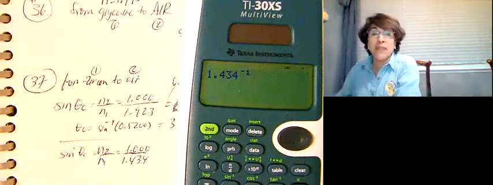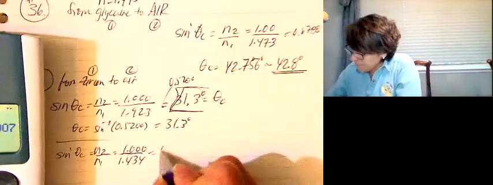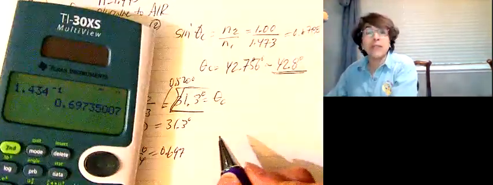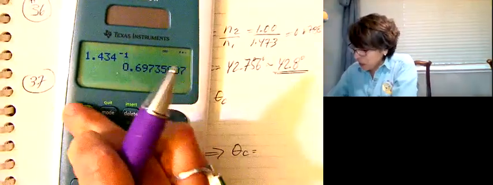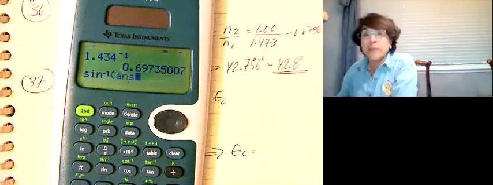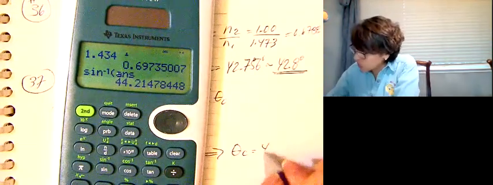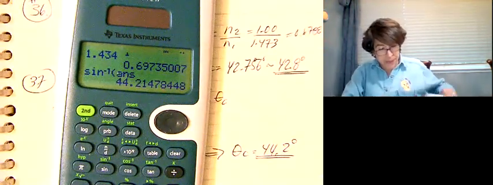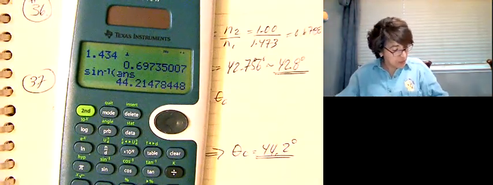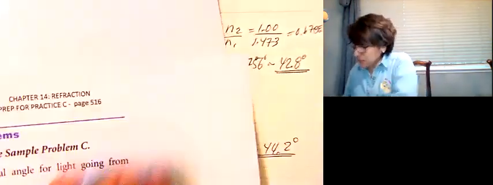I want the inverse of 1.434, which is 0.69735. Therefore, the critical angle is the arc sine of that, which is 44.2 degrees.